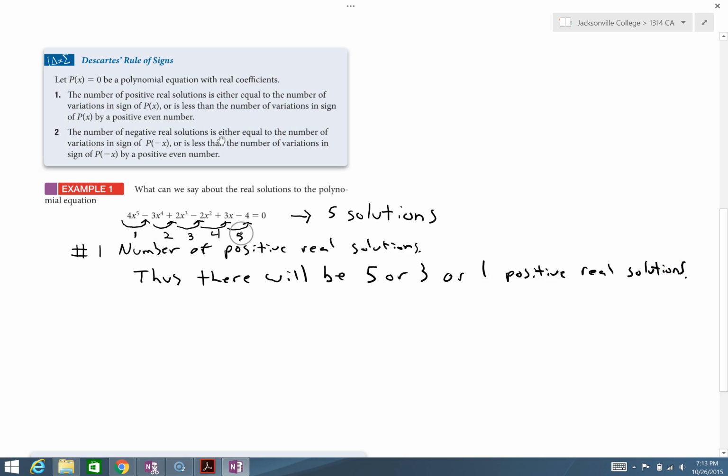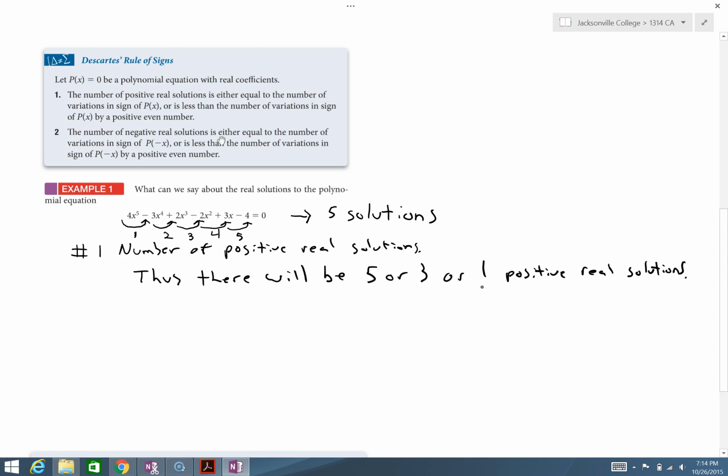However many sign changes there are, the total number of sign changes, it'll be at most that, and then decreasing by 2 all the way down. All right, we won't say -1 positive real solutions.